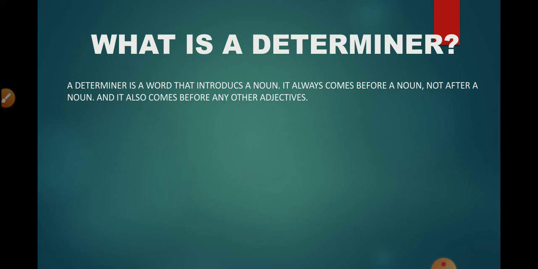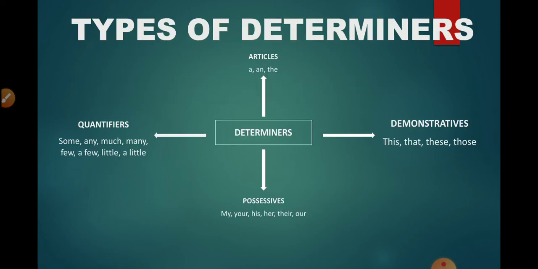It introduces a noun, the state of the noun, and it always comes before a noun and never after a noun. And it's sometimes also used before other adjectives, but we are mainly concerned with the determiners coming before a noun here.